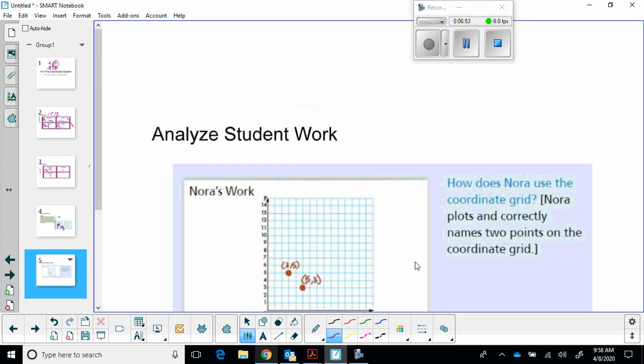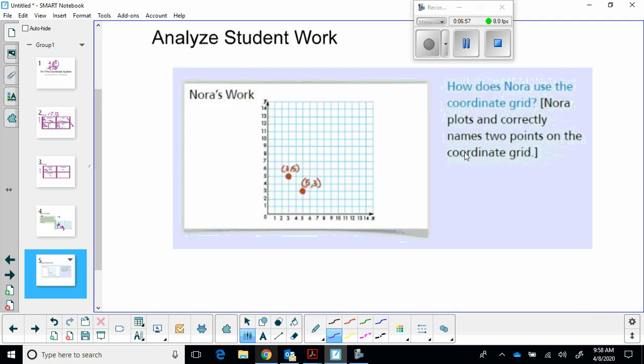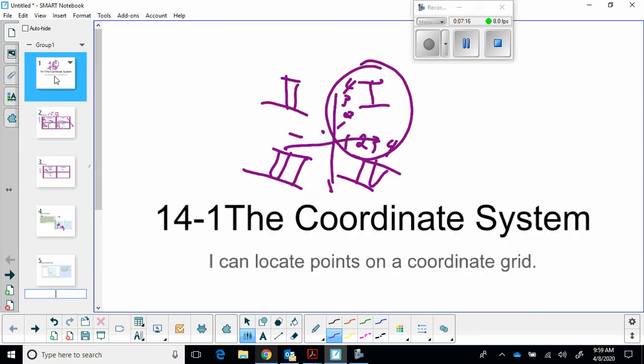So here is Nora's work. She's plotted 2 points, and we have to make sure she's labeled them correctly. This point is going to be 5, 3, and then this one's going to be 3, 5. So Nora did a really good job plotting her points correctly. When we go back and look at our first slide, it is the coordinate system, and it says I can locate points on a coordinate grid.